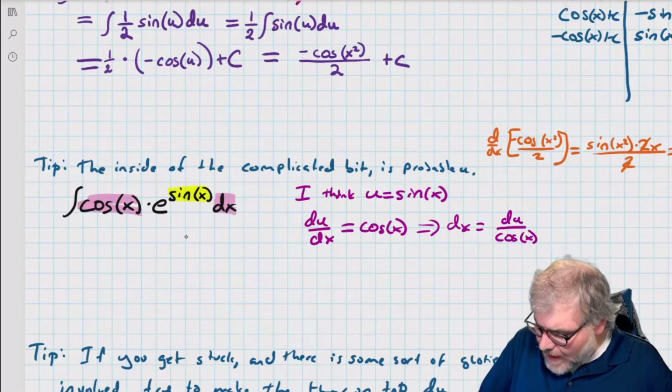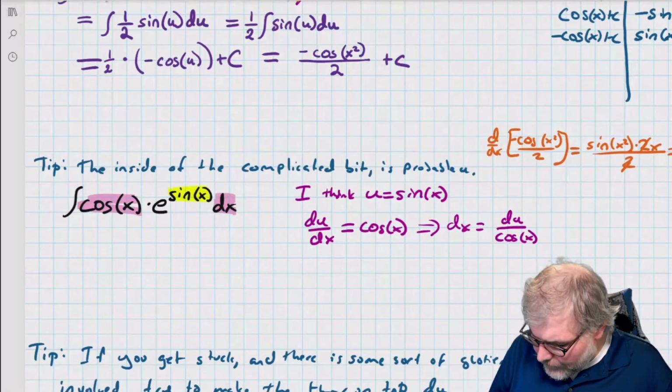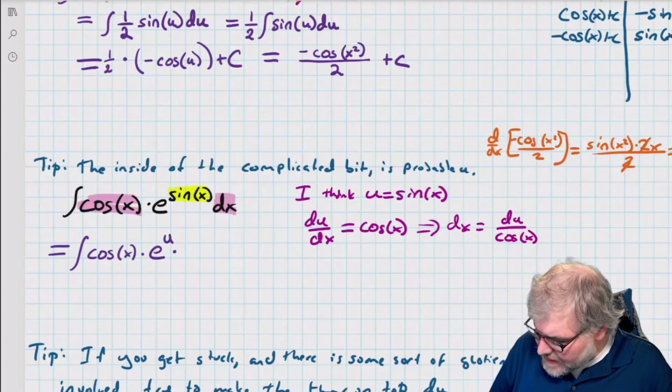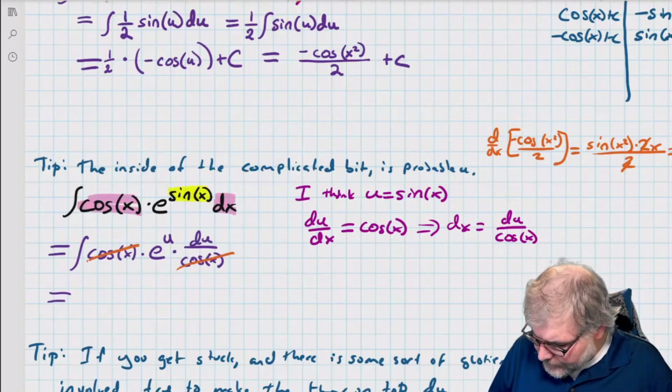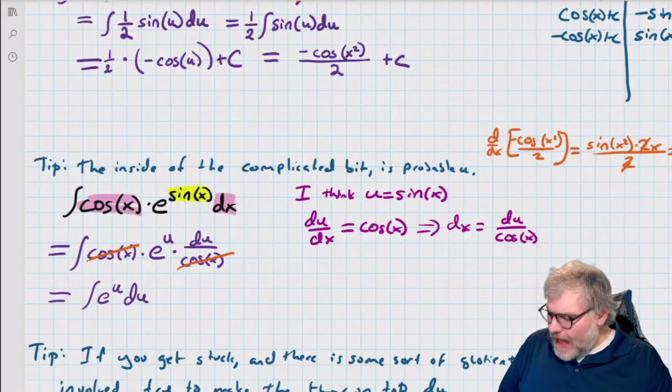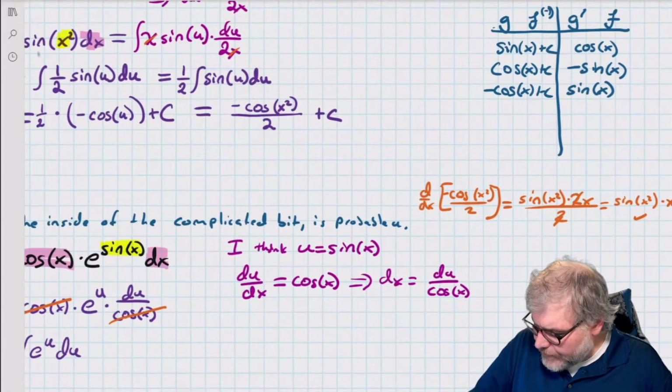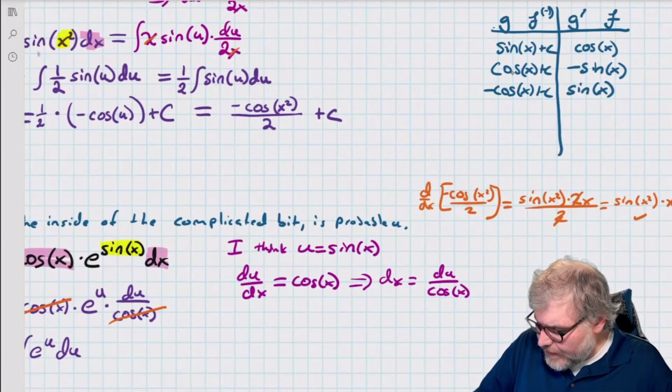Now I'm going to rewrite the problem using this new u. I'm going to get the integral of cosine of x times e to the u times dx, which equals du over cosine of x. Okay, well that I can do. I've got a chart here. Somewhere along the way I did my chart, right? So I've got sine, I've got cosine, I've got negative cosine.